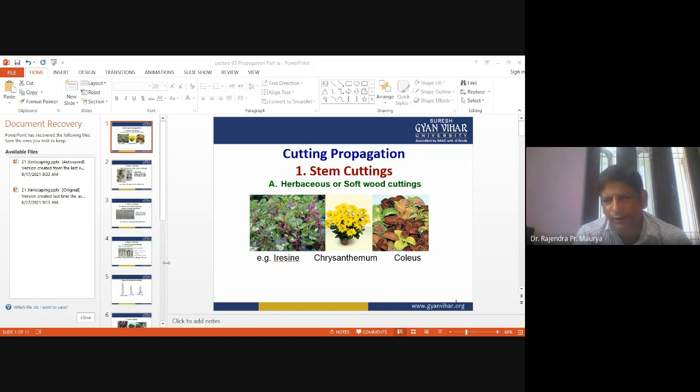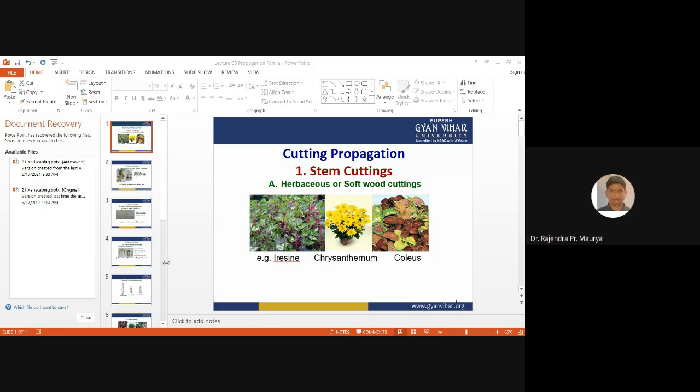Okay, so in the majority of plants, semi hardwood cuttings and hardwood cuttings are highly useful, especially for hardy plants like trees, some shrubs, or fruit plants.